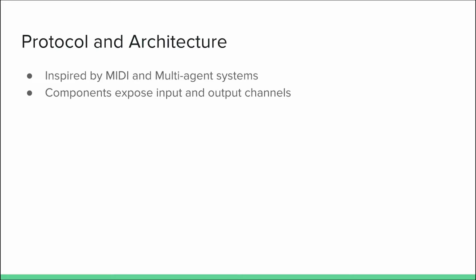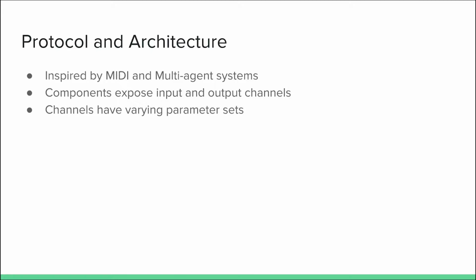There's something like a digital audio workstation, or a VR or AR engine, or a Max patch. It can be anything else really. It's just a grouping of different channels that declares itself to a central hub. And then you have input and output channels. The input channels allow the component to be controlled from the outside, and the output channels allow the component to give some description of its internal state to the outside.